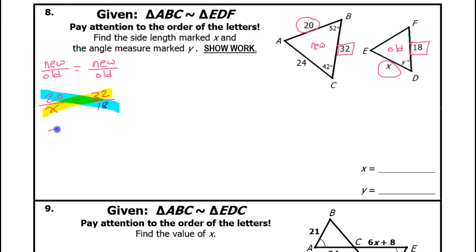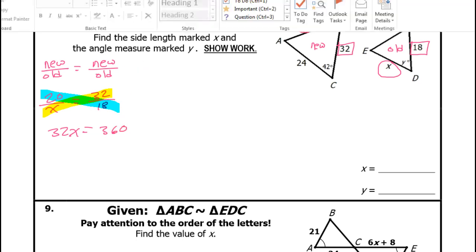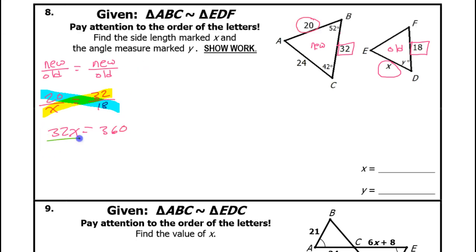Looking at the yellow diagonal, that's going to just be 32x. Let's see, 20 times 18, that's going to be 360. Then we'll divide both sides by 32.